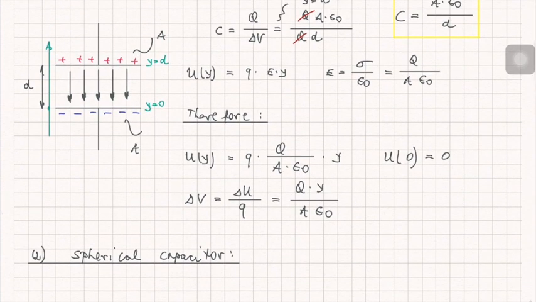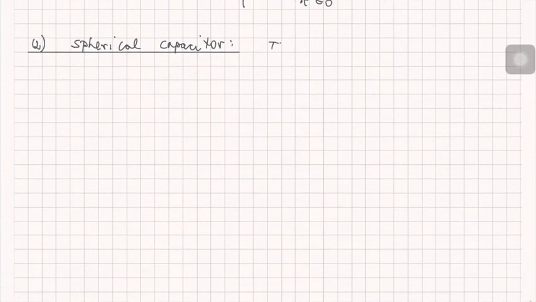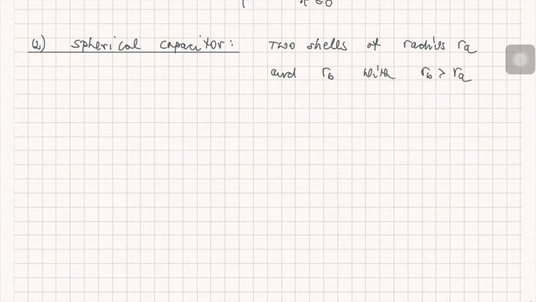Instead of what you have in a parallel plate capacitor, where the two conductors are two planar metallic plates, for a spherical capacitor you have two metallic objects carrying opposite charge of the same magnitude: two spherical shells of radius RA and RB, with, let's say, RB larger than RA.